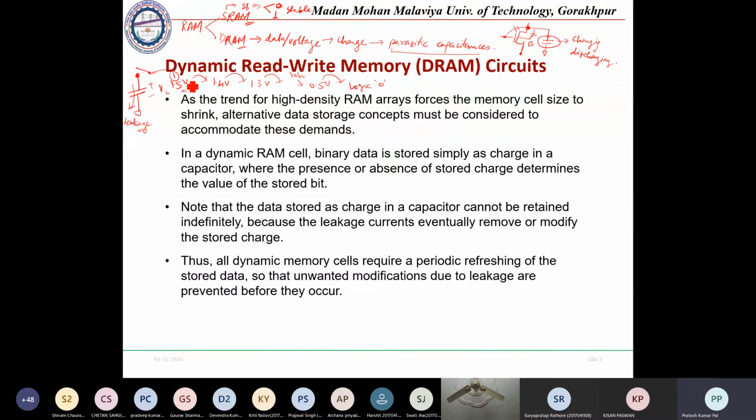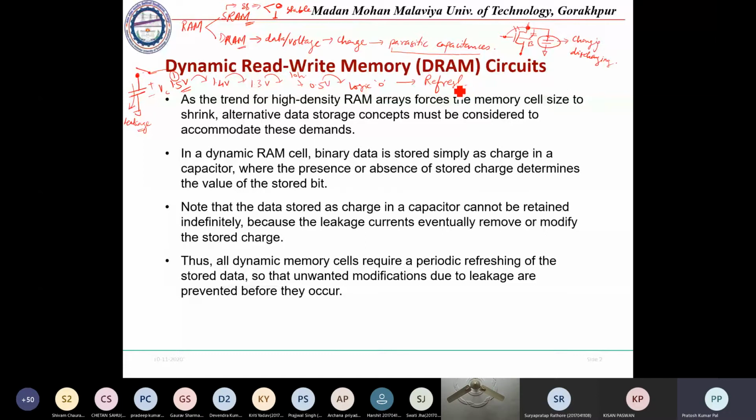To avoid this leakage of the charge on the capacitor, or to avoid this change in logic from 1 to 0, or similarly from 0 to 1, we need continuous or regular refresh.